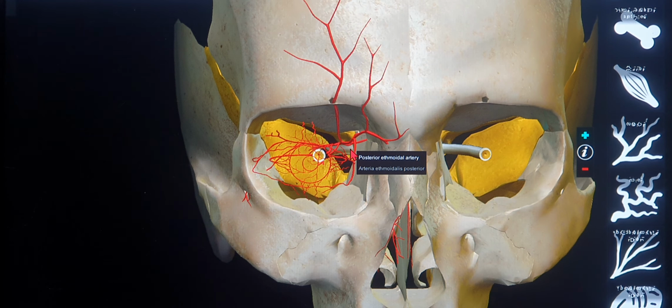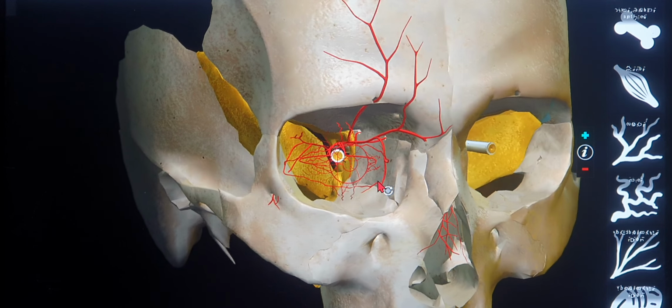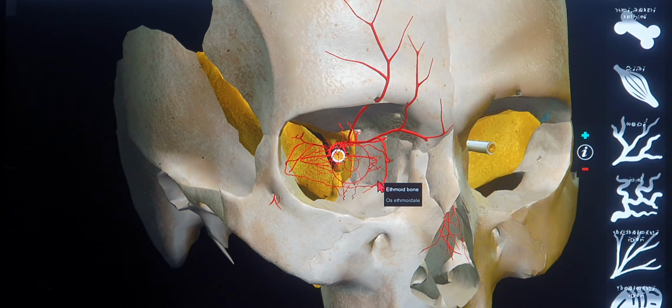The internal carotid artery gives off the ophthalmic artery, and if I accidentally damage that ophthalmic artery, the patient will go blind immediately. So legally, as a skull-base surgeon, I have to keep this anatomy always up to date whenever I'm doing a skull-base surgery. So I hope this video is really important.